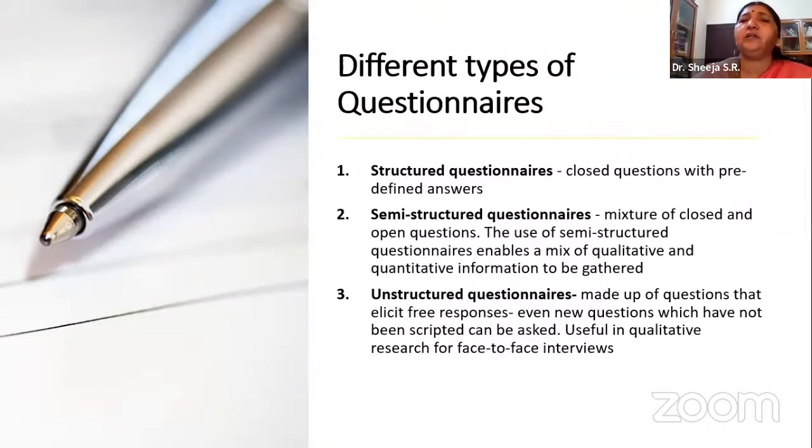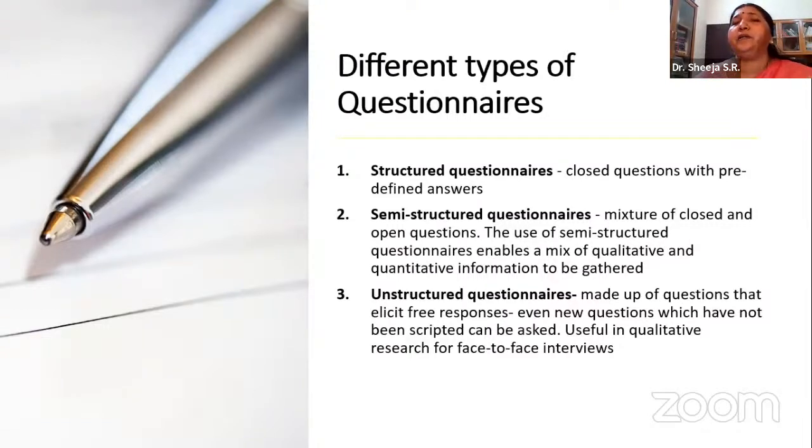Often we'll be using semi-structured questionnaires. There will be a mixture of closed questions and open questions. In the case of semi-structured questionnaires, the respondent can provide quantitative information as well as qualitative information. So that enables a mix of qualitative and quantitative information.